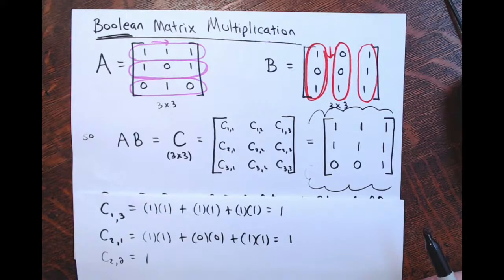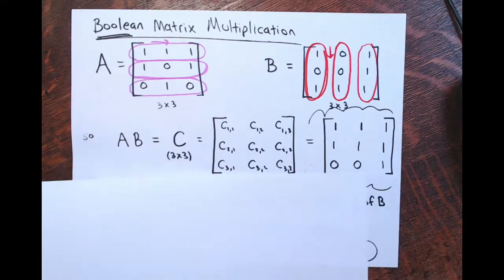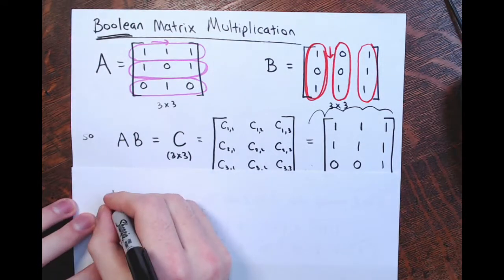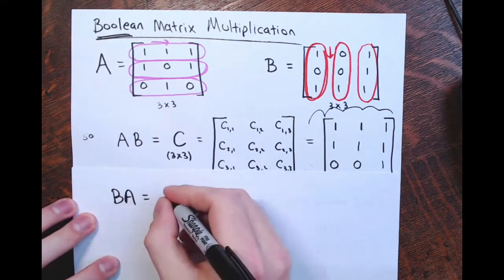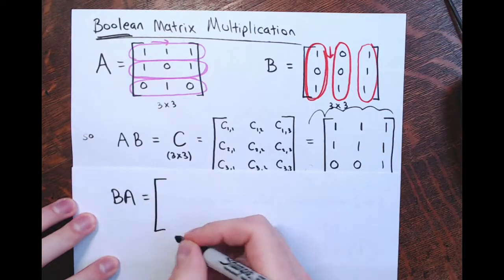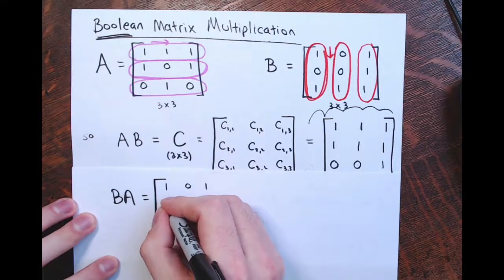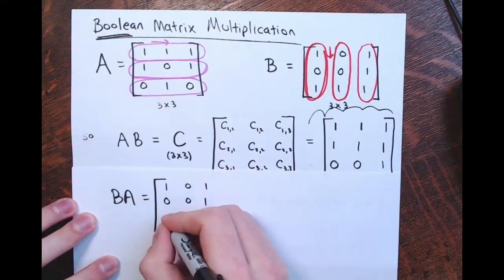Now, let me do B times A. All right, let me show you B times A. So B times A is this. Now the matrix on the left is matrix B. So I'm going to write B here is 1, 0, 1, 0, 0, 1, 1, 1, 1.